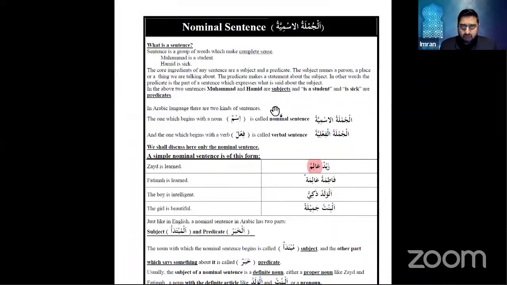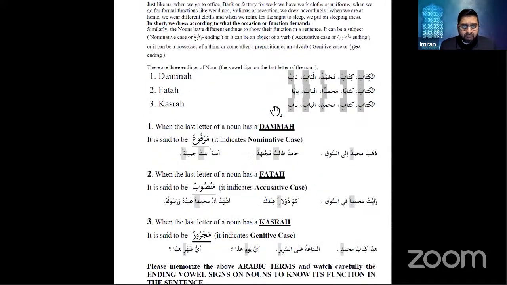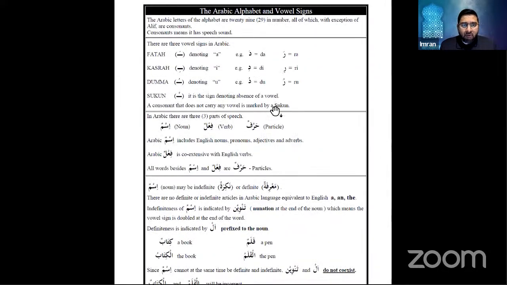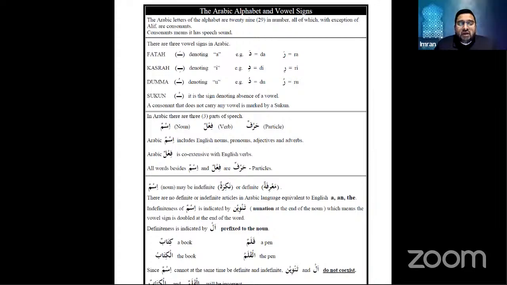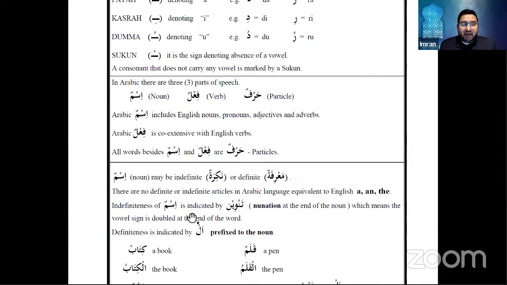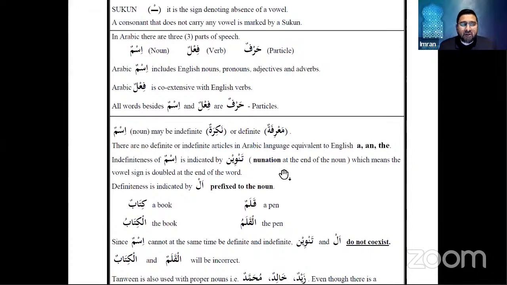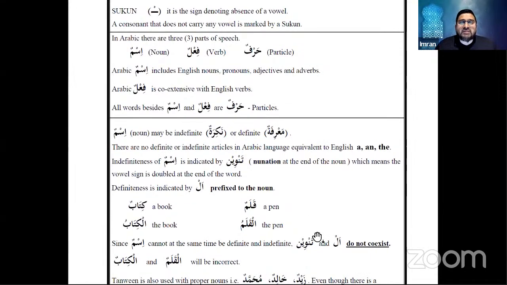Let me show you. In the Arabic language, nouns are definite and indefinite. A definite noun is a noun which starts with alif lam, the definite article, like al-kalamu. When you say "the pen", you're referring to a particular pen. But when you say kalamun, it means "a pen".